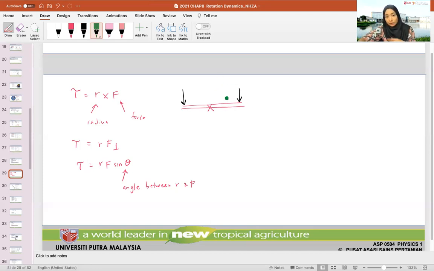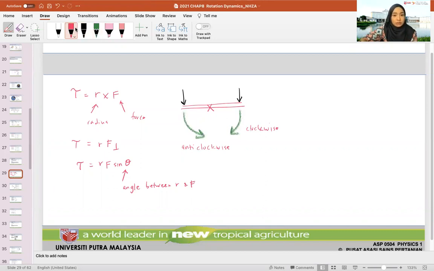If I put weight over here, this would rotate the object this way, and if I put weight over here, it would rotate the object this way. This is called anti-clockwise, and this is called clockwise because it follows the direction of a clock.